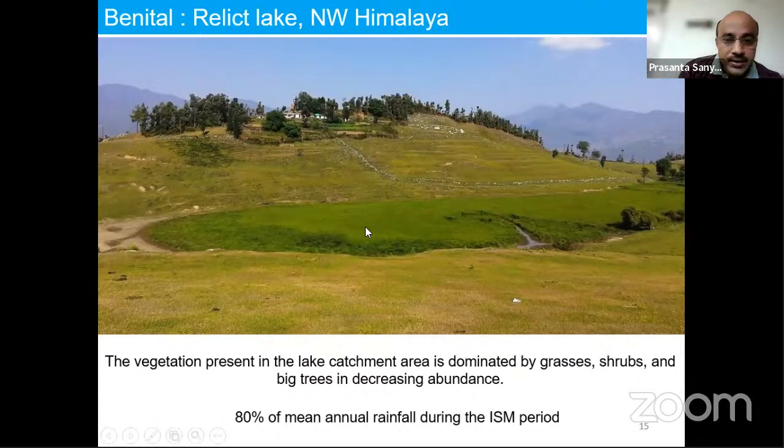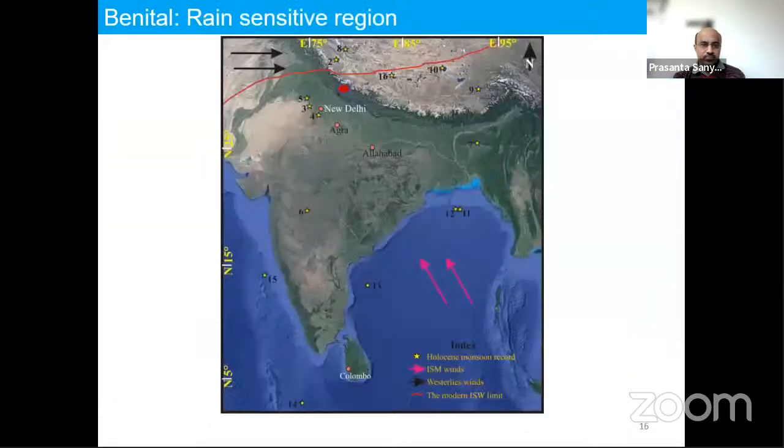This is the picture of Benital Lake, which is a relict lake. As I said, it is in the northwestern Himalaya at an altitude of 2.5 kilometer. The modern vegetation in this area is mostly dominated by grass, then shrubs and then trees. And 80% of the rainfall in this area comes from the Indian summer monsoon.